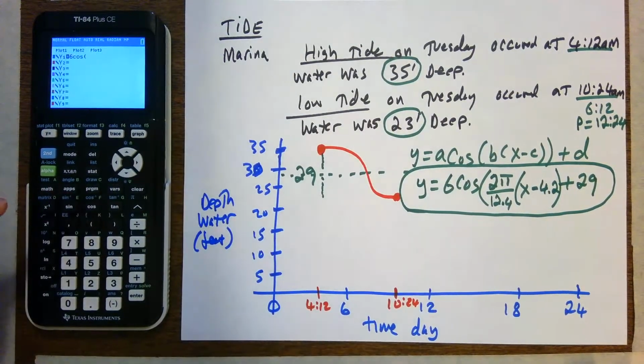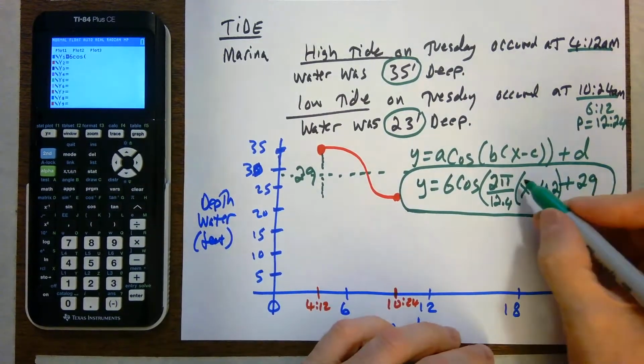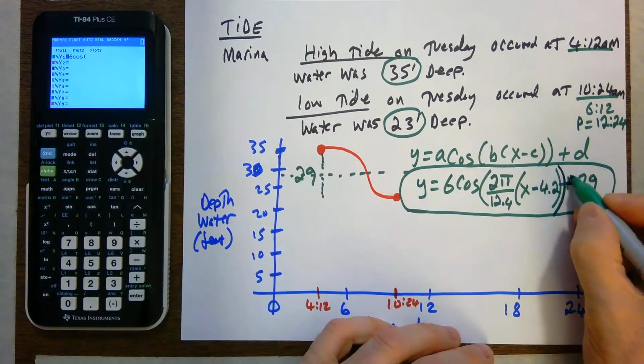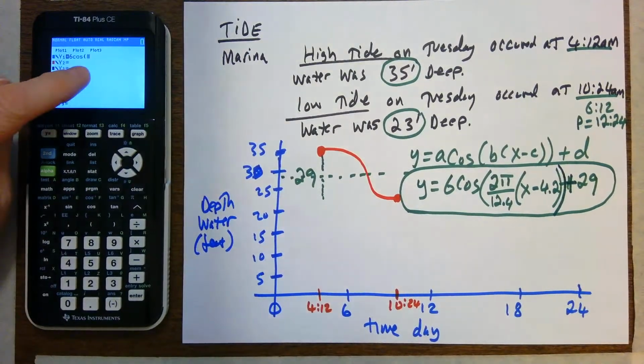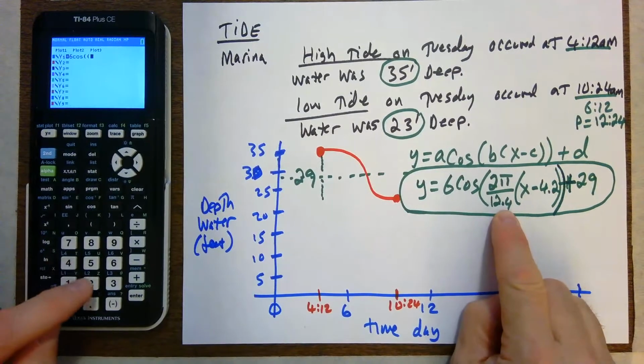6 times the cosine of, and remember here, somewhere I said about those double parentheses, I definitely think I want to have 2 sets of parentheses here. Let's make sure. So I've got 1 set of parentheses, open, 2 pi divided by 12.4.